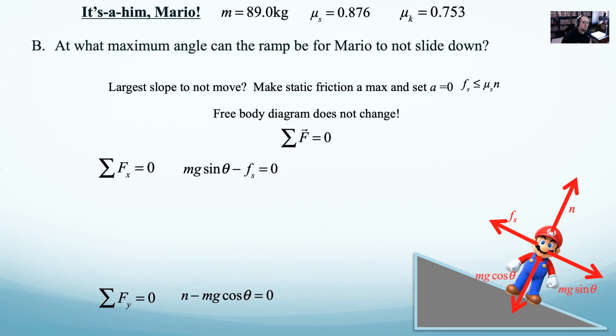But now I'm looking for the angle, theta. Static friction, once again, is at a maximum. That is what it means to find the moment he begins to slide: when f sub s is mu sub s N. I can add mu sub s N to both sides though.